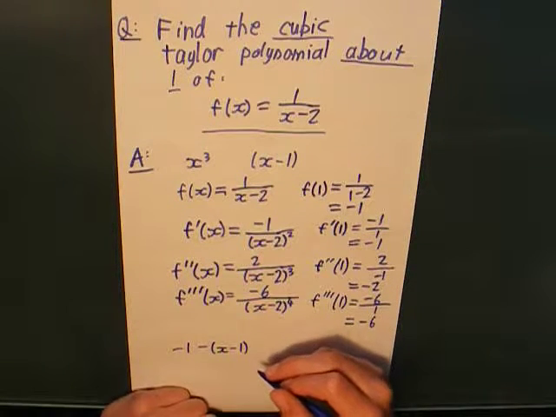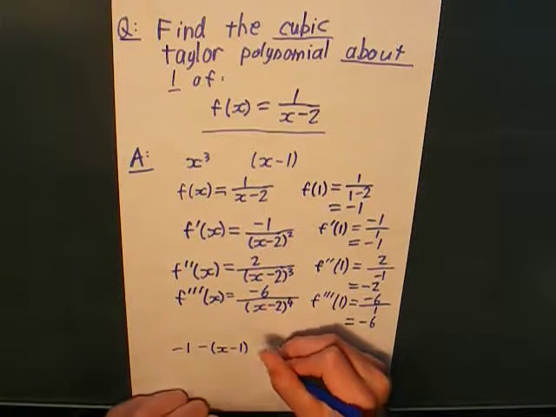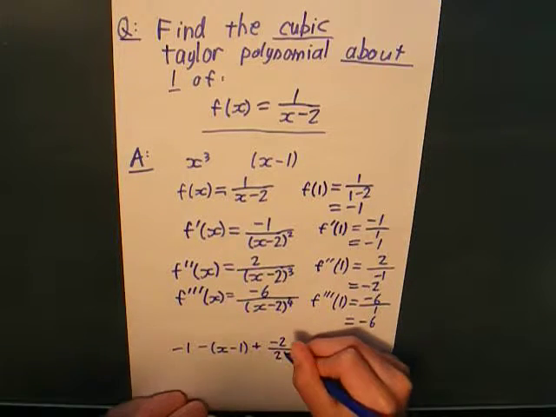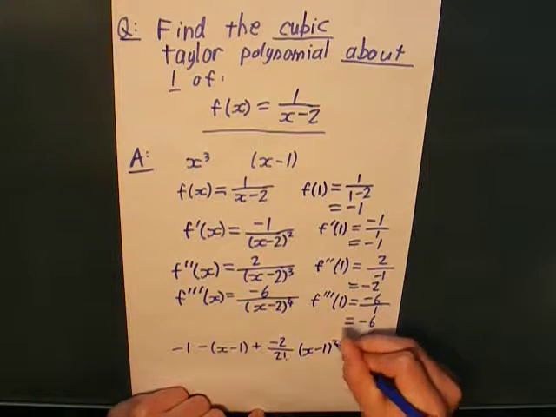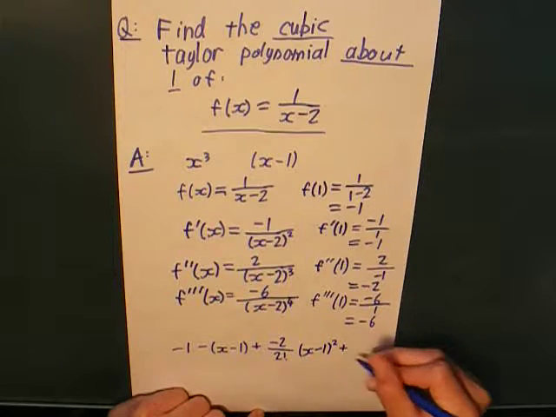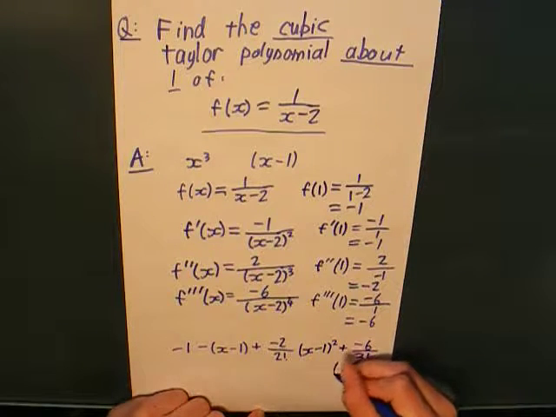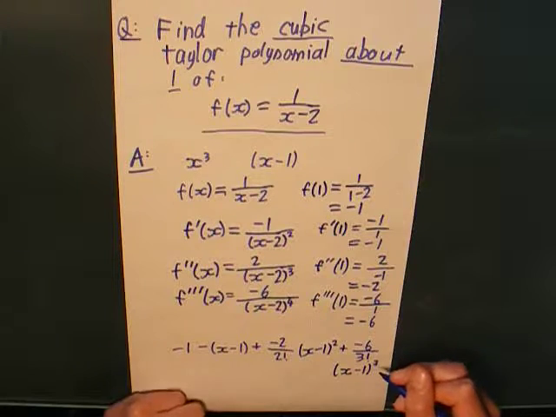And then plus minus 2 over 2 factorial times x minus 1 squared, plus minus 6 over 3 factorial times x minus 1 cubed.